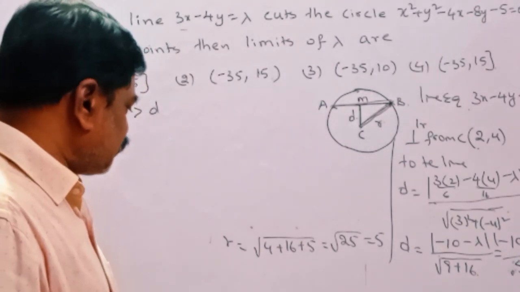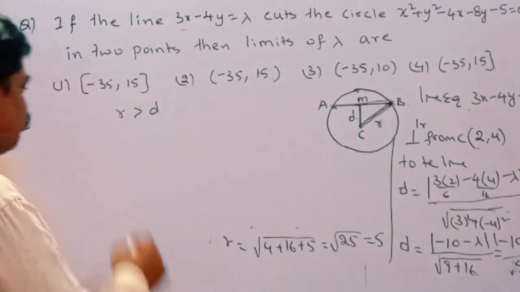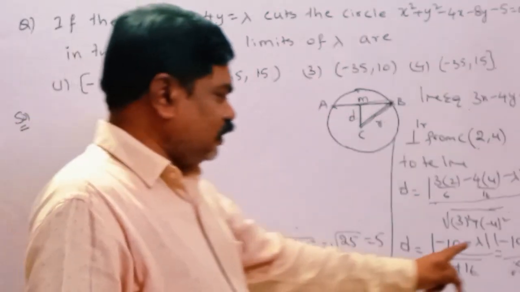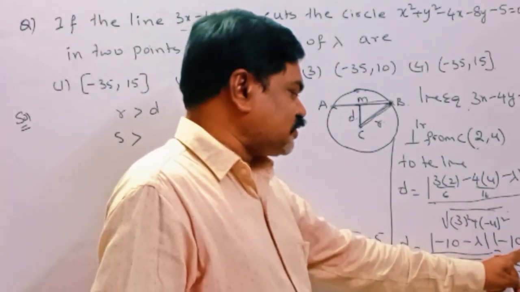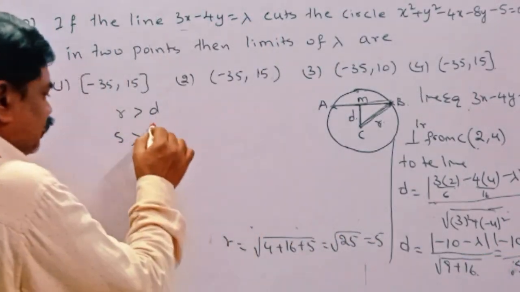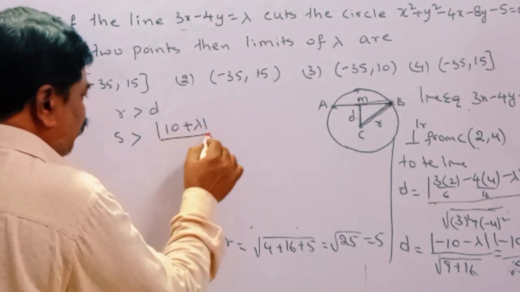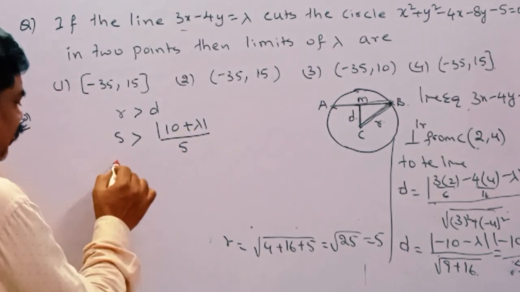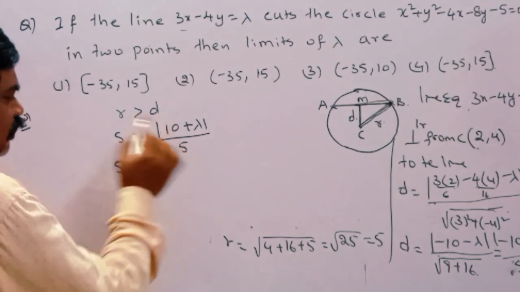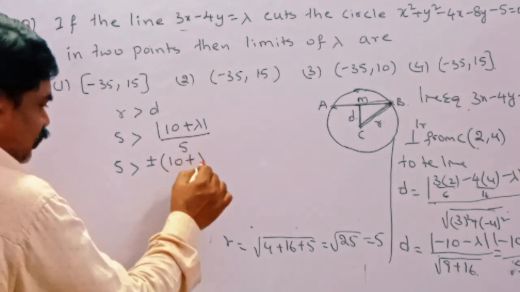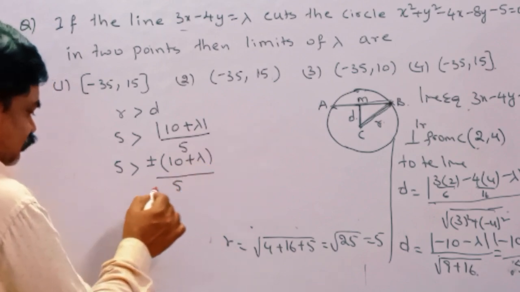So here R value is 5. 5 greater than D. D is modulus of minus 10 minus lambda, that is modulus of 10 plus lambda by 5. That is 5 greater than, modulus means plus or minus 10 plus lambda by 5.